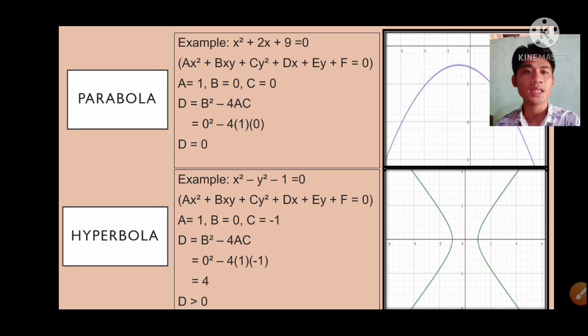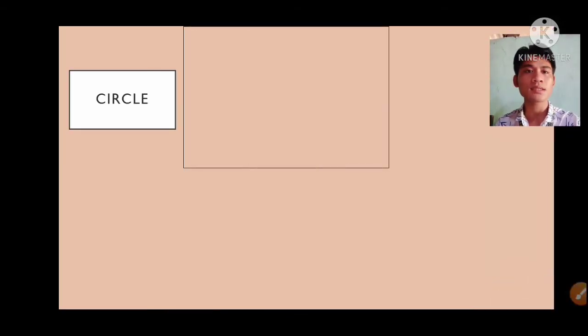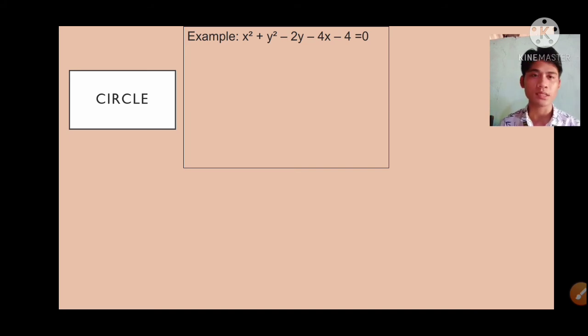So next, the third type of conic section would be the circle. We can observe the circle in this given example here: x squared plus y squared minus 2y minus 4x minus 4 is equal to 0.